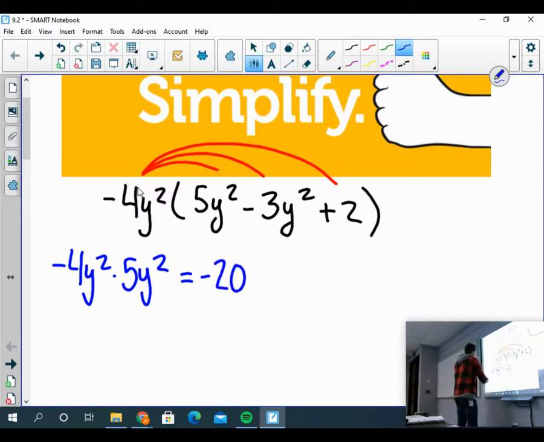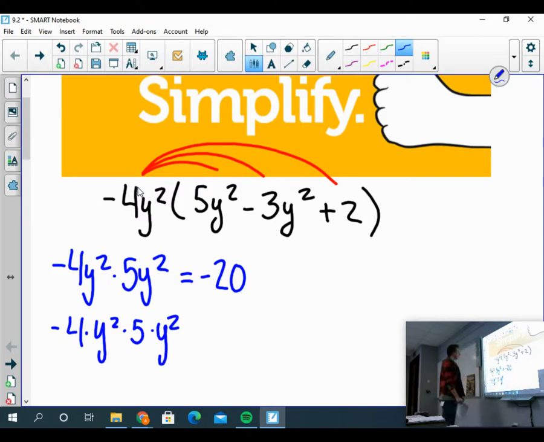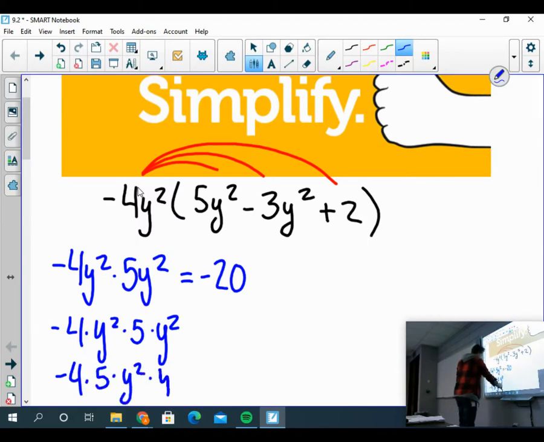The reason I can multiply those together goes back to the commutative property. Because all of these items are multiplied together, I can rotate where they are in the multiplication and multiply together certain parts.